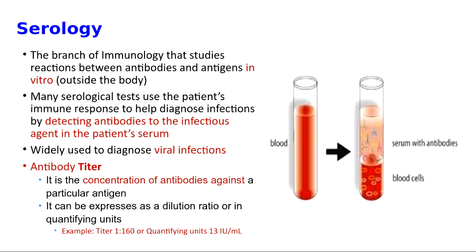If the antibodies are in the patient's plasma or serum, we know that the patient had contact with that organism in their body because their immune system was activated. It is very widely used for a lot of nasty diseases. And again, we can look for the antigen, the organism itself, or we can look for the antibodies in the patient's plasma or serum.